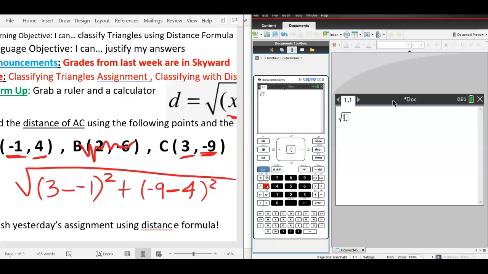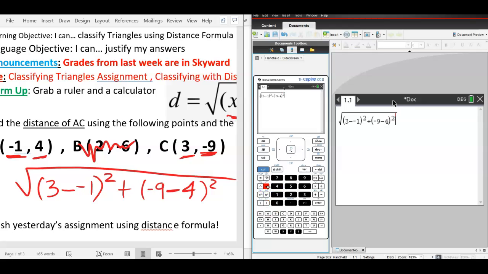And then I just type everything in. So first is a parentheses. Now, careful. 3 minus negative 1. Parentheses squared. Plus, parentheses, negative 9 minus 4, parentheses squared.